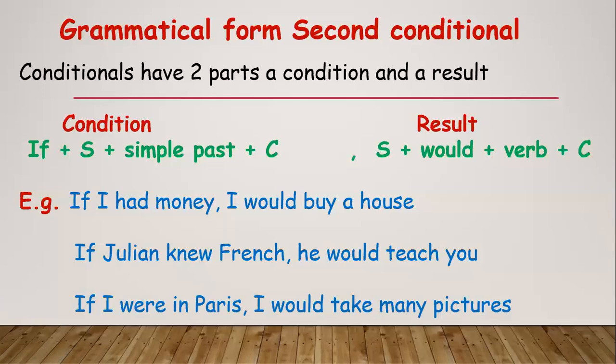Entonces, como regla gramatical, se dice que con el pronombre I, cuando vamos a utilizar una condición, si implica el verbo to be, la utilizamos con la forma were. Pero también las últimas corrientes del idioma han determinado que si utilizo was, sería correcto. So, if I were in Paris, I would take many pictures. Si yo estuviera en París, tomaría muchas fotos, ¿ok?